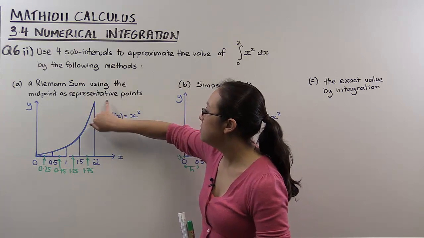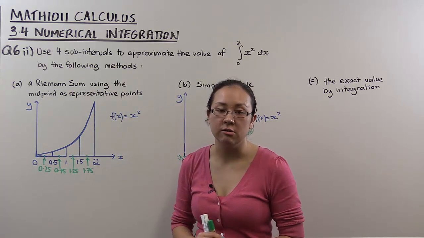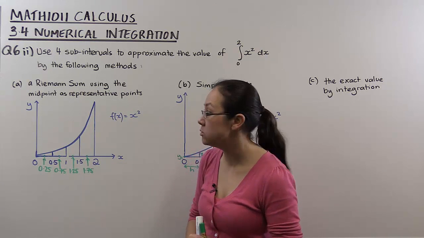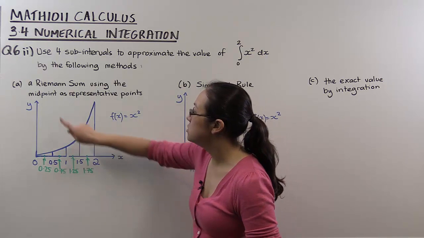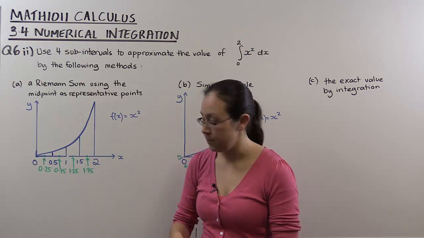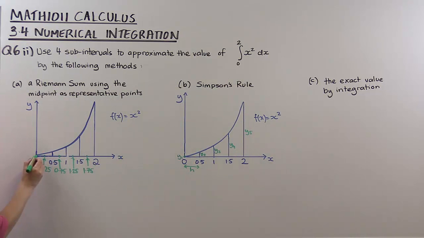Now, for our Riemann sum, we're going to be estimating that area using some smaller rectangles, and the question has asked us to use the midpoint as representative points. So the midpoint of this first subinterval here is 0.25, so we'll use that as the representative point, and so we'll be finding the area of this rectangle here. 0.75 is the midpoint of the second subinterval, and so we'll use that as a representative point for the height of the second rectangle.